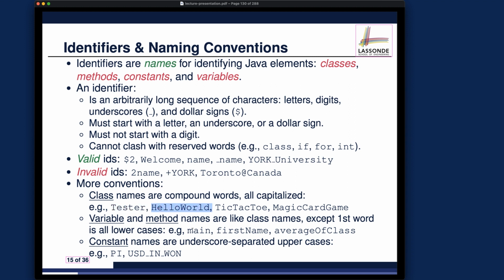For a variable, the first word should be lowercase, but starting from the second word, it should be capitalized. That's the naming convention. You're not going to get any compile time error if you don't follow the convention, but I would say follow it because that's what Java programmers assume you will follow. I'll let you go over this slide for the details.